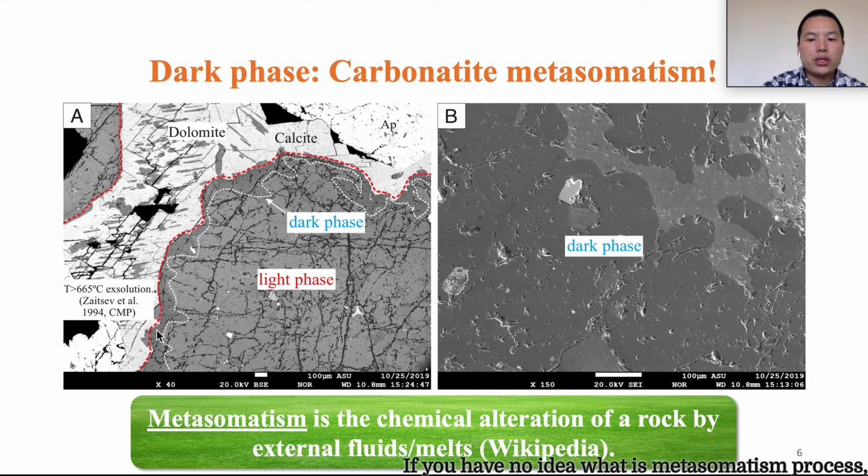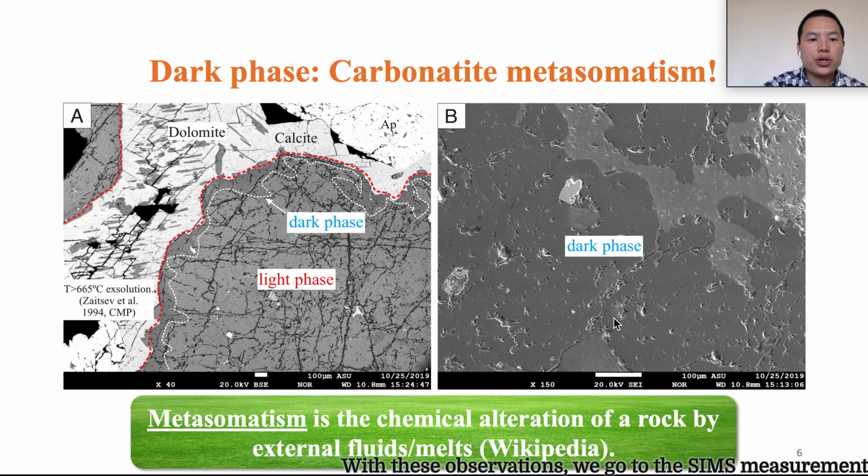If you have no idea what is metasomatism process, it's the chemical alteration of a rock by external fluids or melts. In addition to the rim dark phase, we also found a few large individual dark phase. There are almost no obvious light phase humite here.